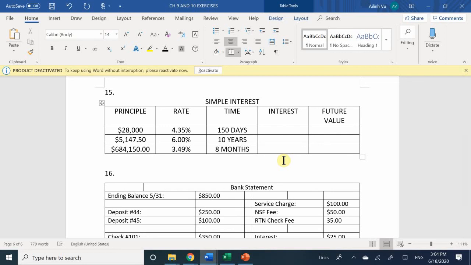Okay, so let's look at our numbers. We're going to start with our principal, 28,000, and our rate is 4.35%. So what are you multiplying? It's going to be $1,218. And now we need to determine what 150 days is.